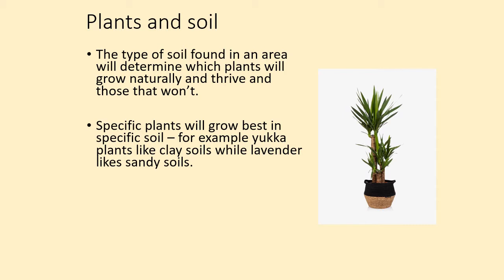For example, a plant like the one shown on the right-hand side, a yucca plant, needs a clay type soil which holds on to lots of water, whereas lavender, which is a really nice smelling plant, needs quite sandy soil that's dry in order for it to grow most efficiently. However, most plants will grow best in a loam soil. Now, a loam soil is one that has a good mix of sand particles and clay particles, but it also has a lot of the organic material that we call humus in it.